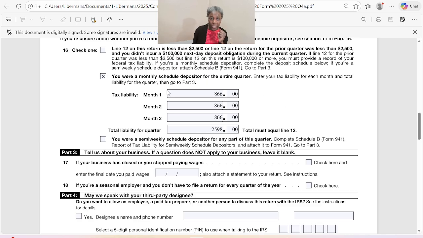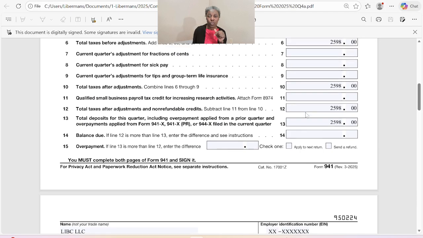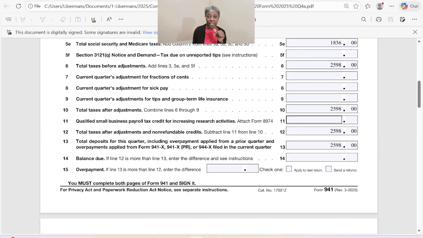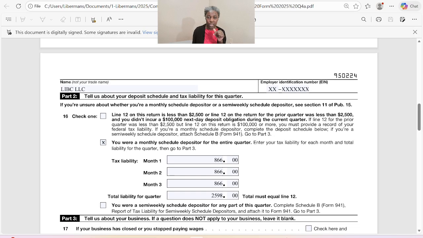So with that in mind, they pretty much wanted to see if you make those deposits on time. So therefore, they are asking you how much is your tax liability for every month. If you claim non-refundable credits, you have to take that into consideration because they want the total to match your line 12. And line 12 is taking this credit into consideration.